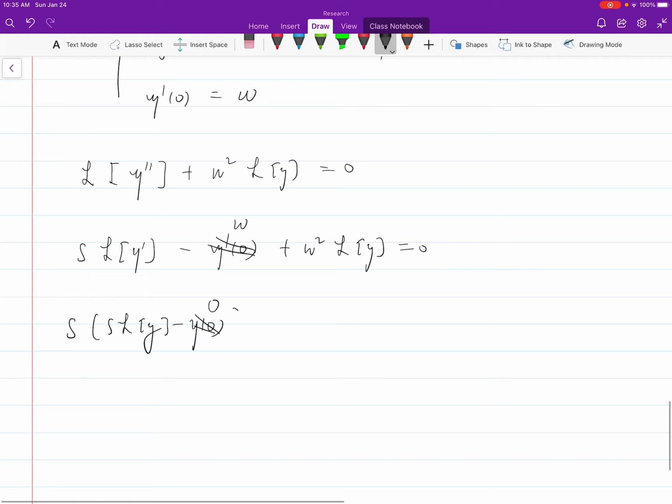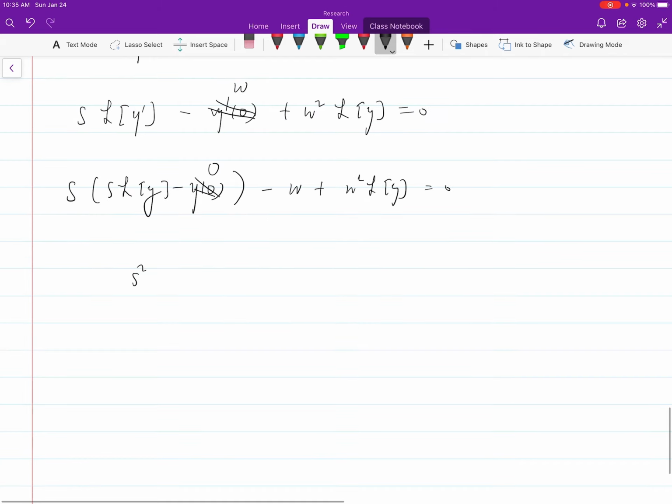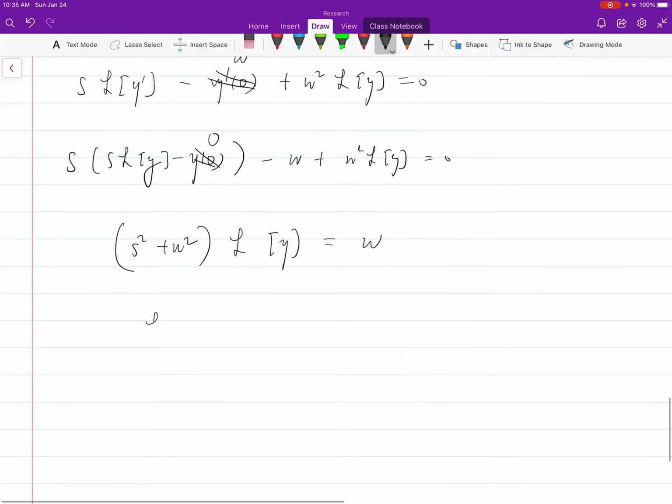But we know this is 0. So what we have is s squared plus omega squared L y equals omega, or Ly equals omega over s squared plus omega squared.